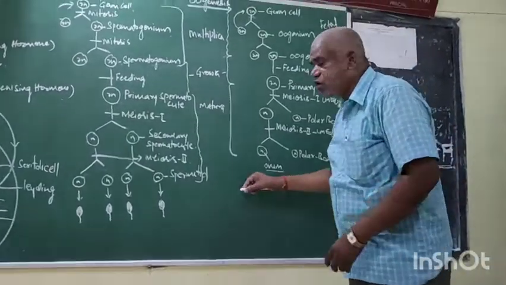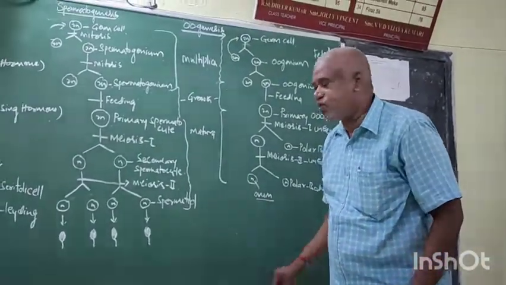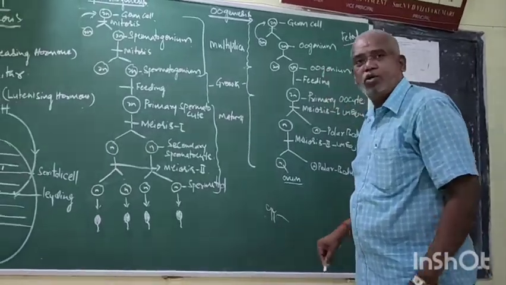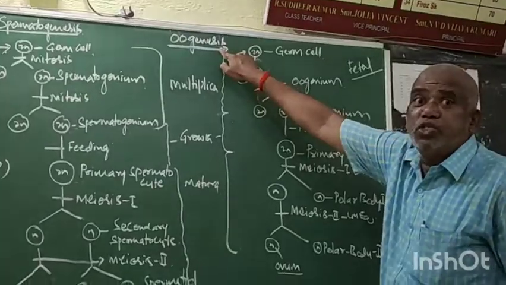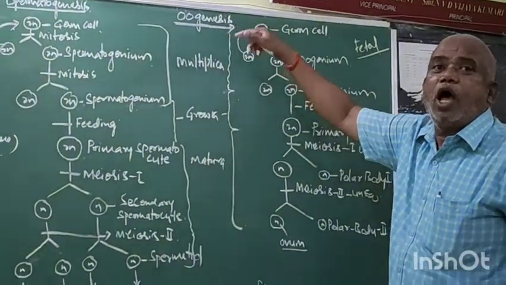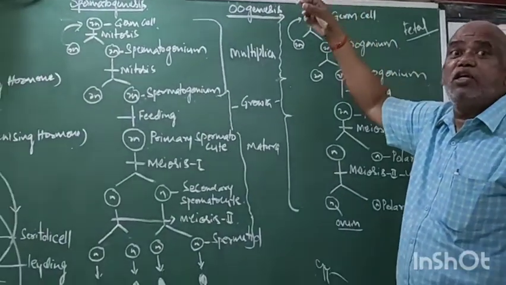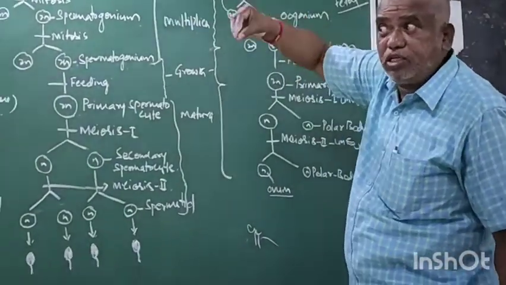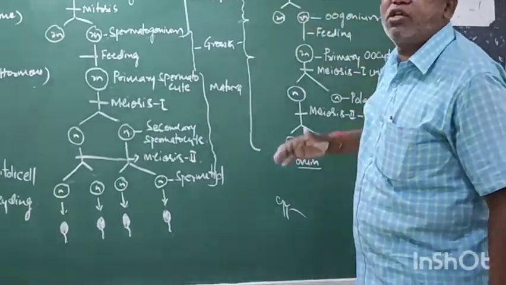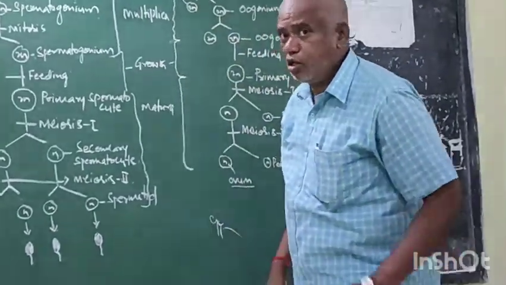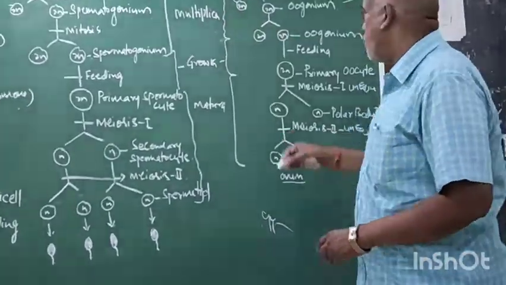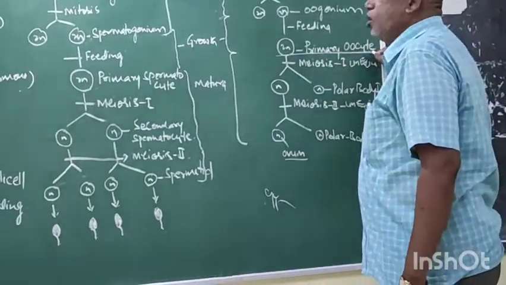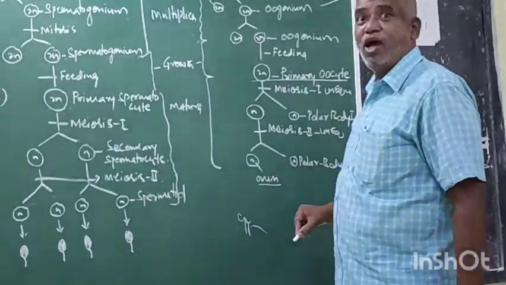Now the baby comes to the outside after 9 months. Now she is in childhood. In fetal oogenesis, which phase is completed? Total oogenesis? No. Only up to the primary oocyte.